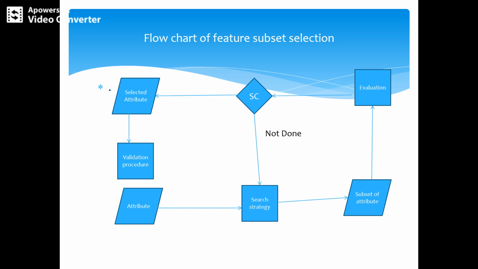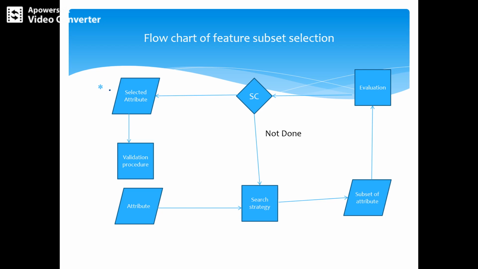As explained diagrammatically here, feature subset selection works over all possible subsets of features. That is why we have the search strategy. This is the main part. It searches all the possibilities. The search strategy should be computationally inexpensive and should find an optimal or near optimal set of features.